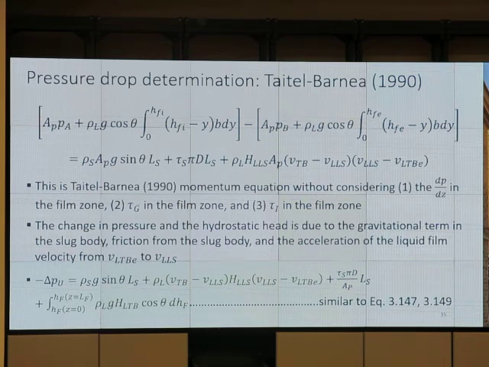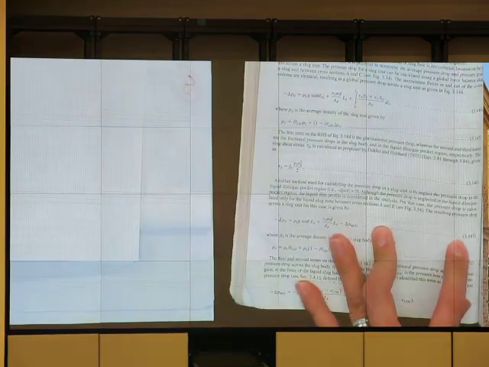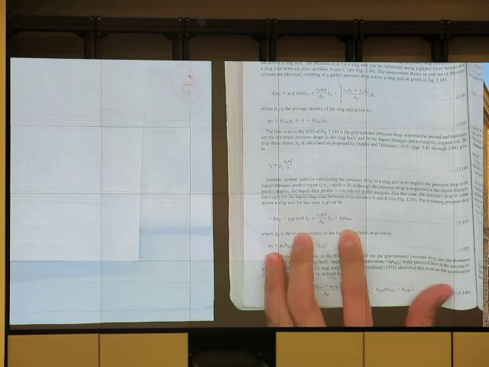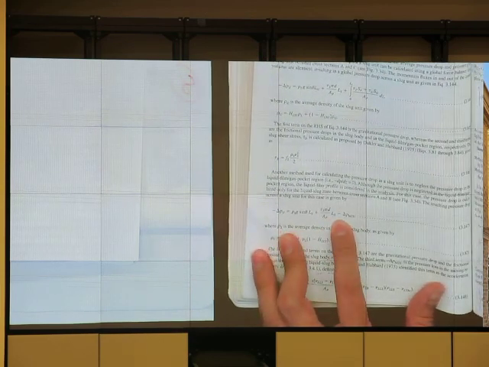3.147. Did you check those two equations, 3.147 and 3.149? Is it the same? Maybe it's a little bit difficult to see if it's the same or not if I don't show the equation. In 3.147, I have the slug flow part and delta P mix.